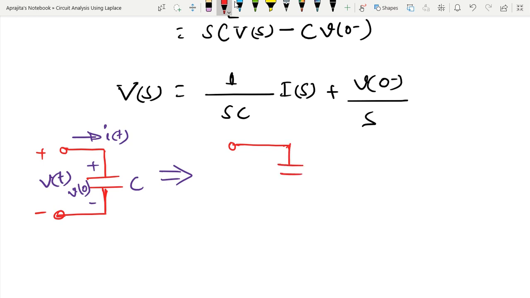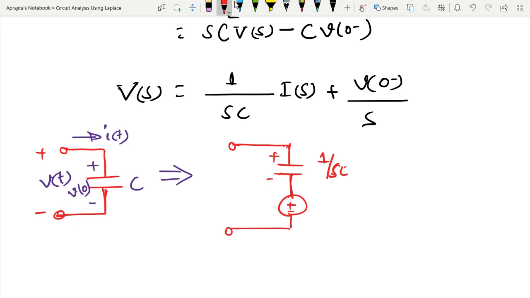So Vs, so that is Is into 1 by Sc, so this component is nothing but 1 by Sc, and this is plus and minus, and here I have one extra component in the form of a voltage, and the polarity is like this because here the symbol is plus.